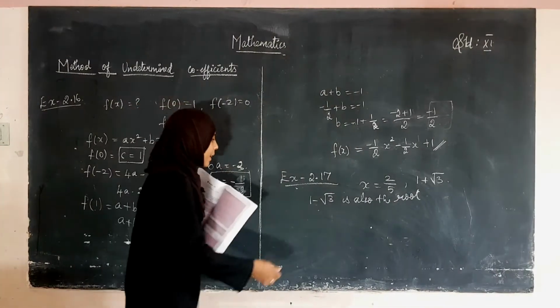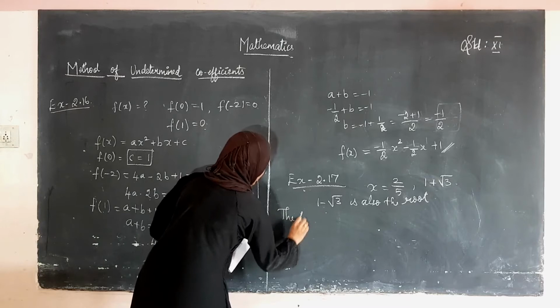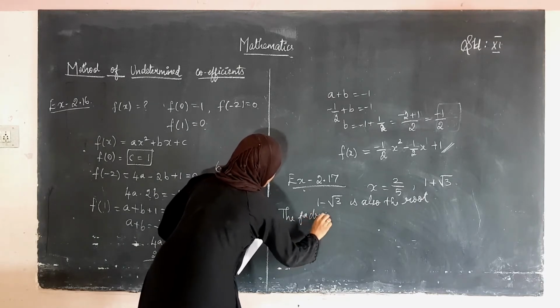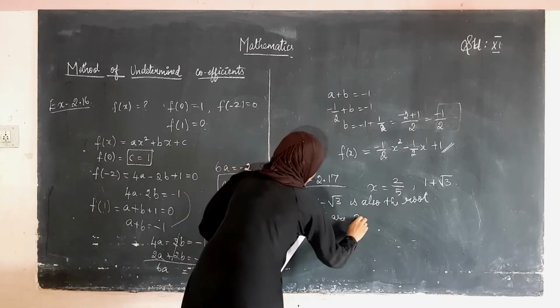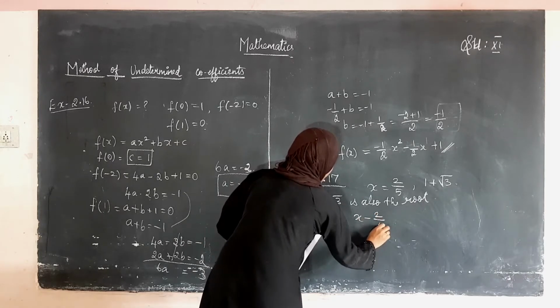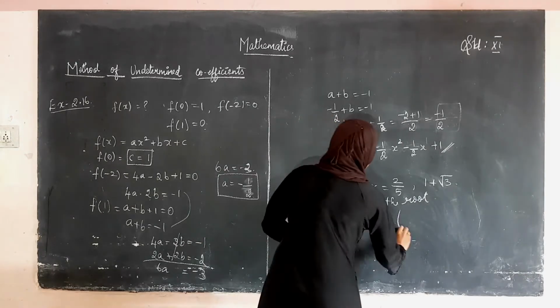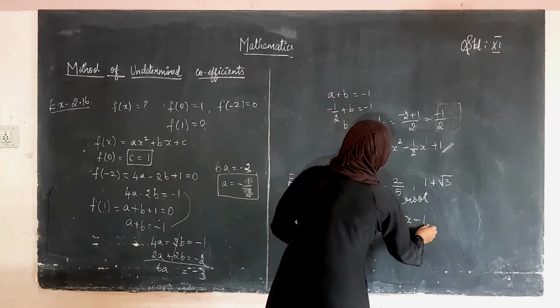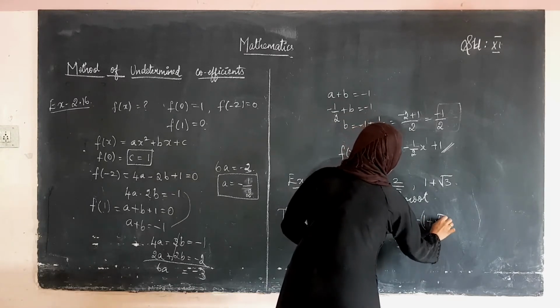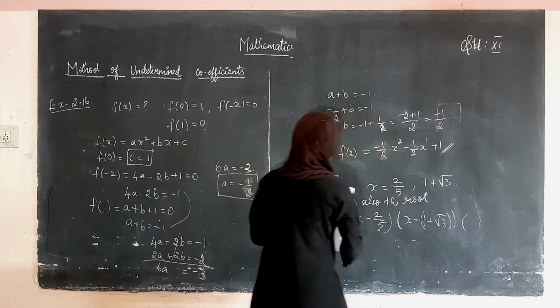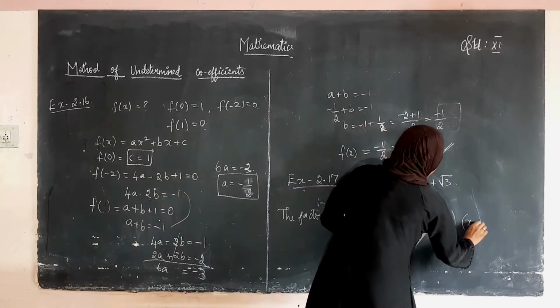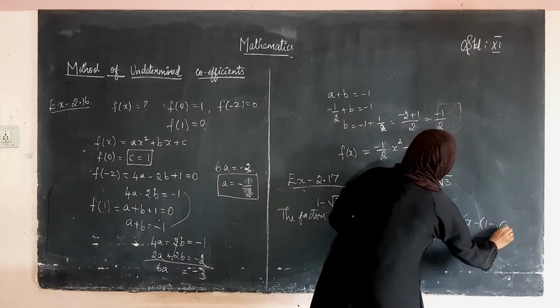So what will be the factors? The factors are x minus 2 divided by 5, x minus 1 plus root 3, and another factor is x minus of 1 minus root 3.